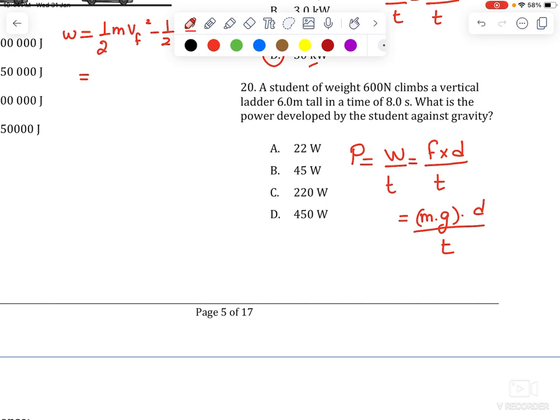The correct answer is, so let's do it here. However, mg is already 600, no need to multiply by 10, so it's the 600 given in Newton, by 6 divided by 8, which will give me 450. And that's it for the MCQs.